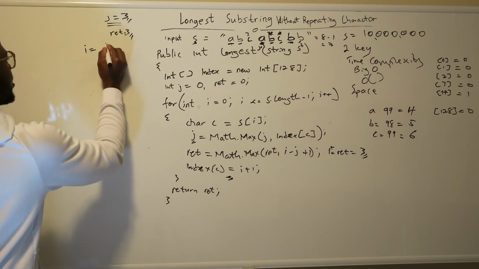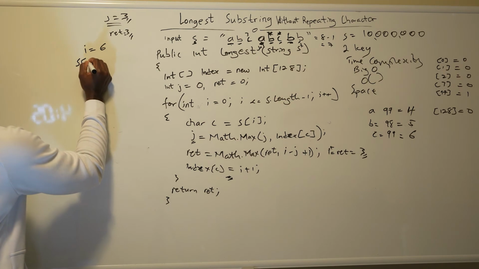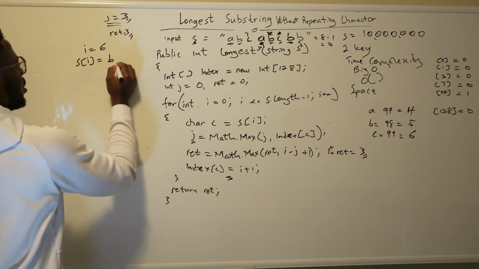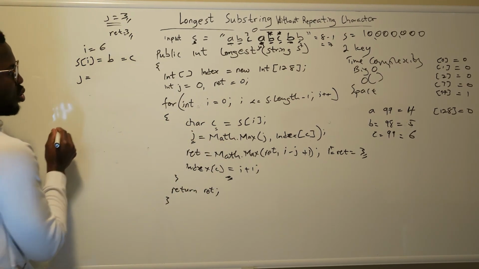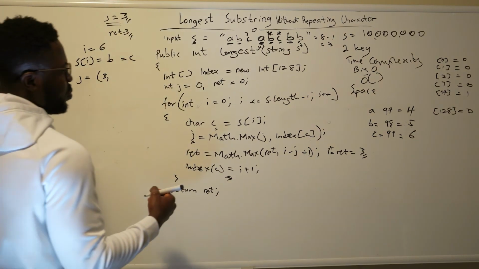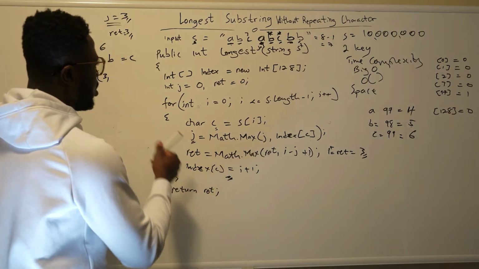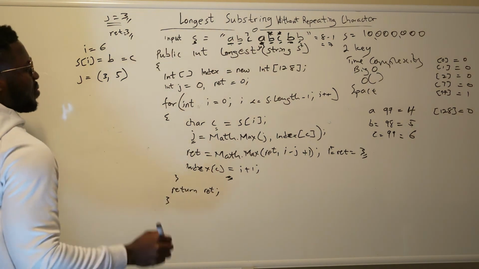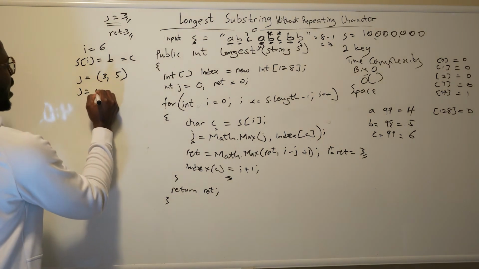At index 6, what we are going to get is S at I is equal to C, which is this character. So J is equal to the max of, we know J is 3 now, index of C now, which is index of B, is 5. So then J equals 5.